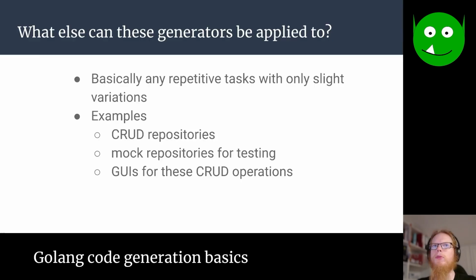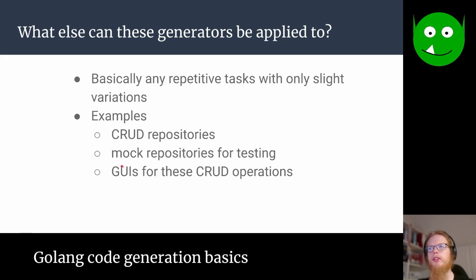So yeah, what else can these generators be applied to? Well, like I said at the beginning, any repetitive task with only slight variations is a great candidate for code generation. One example is generating simple CRUD operations for repositories that access the database, and you can also create mocks of those repositories for testing.